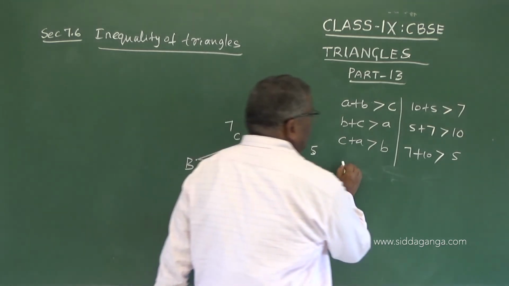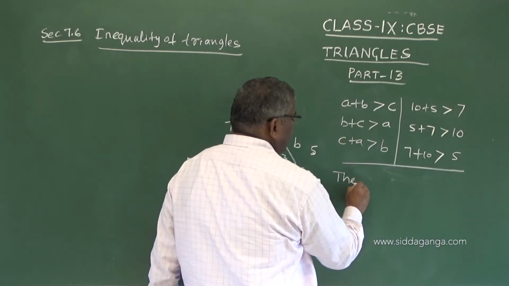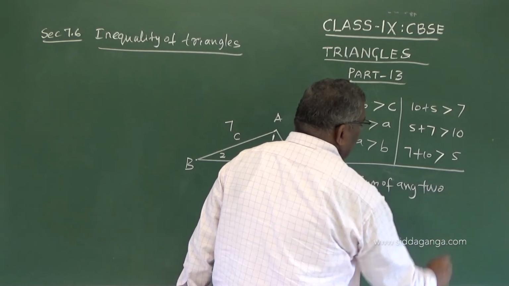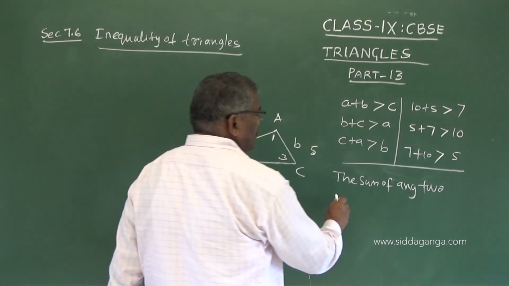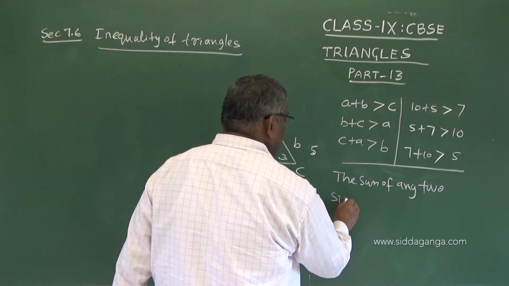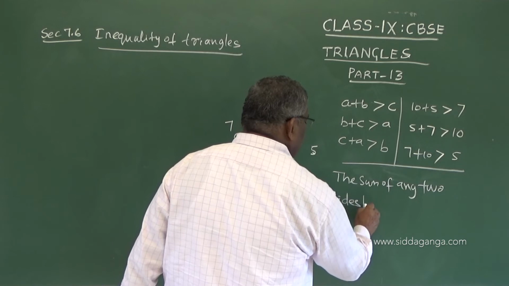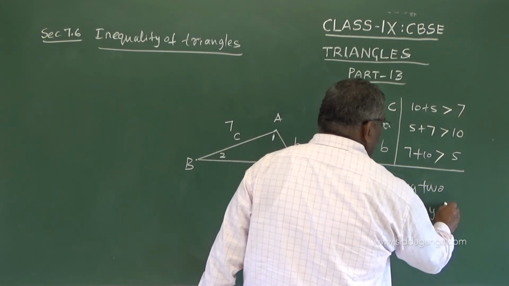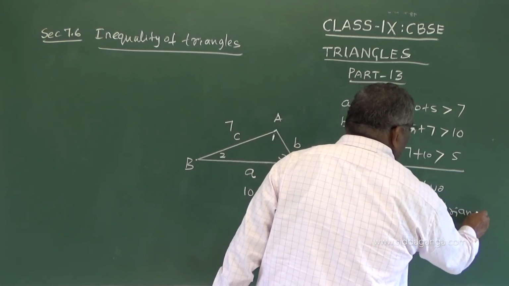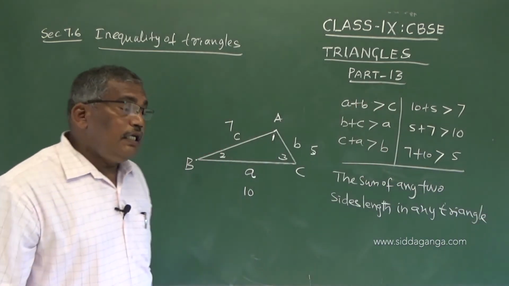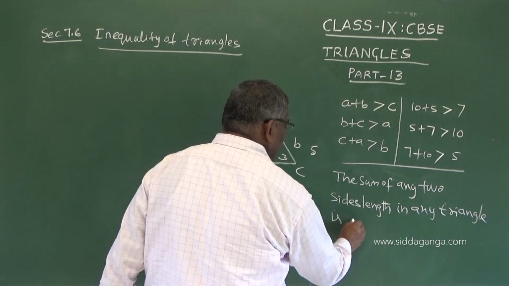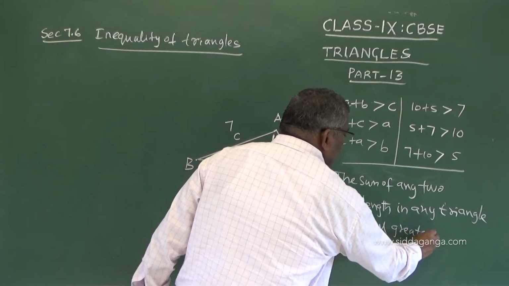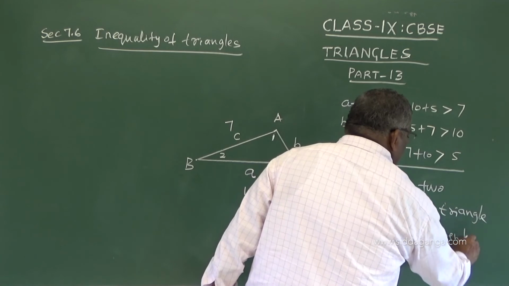The meaning of this statement is that the sum of the lengths of any two sides in any triangle is always greater than the third side.